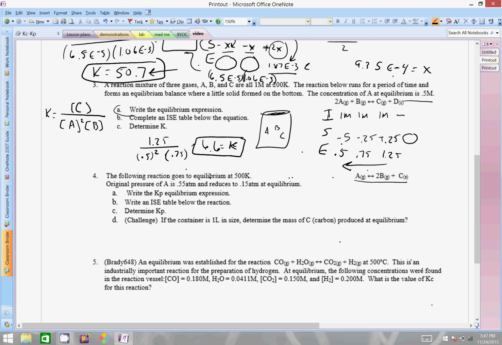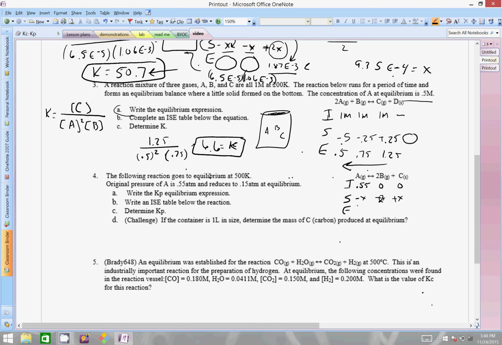Alright, and they're giving us information: initial, stoic ratio, end. We're using pressures here. So in this case, the original pressure of A is 0.55. It doesn't say anything about B, of course. B and C are products, so there's nothing of this and nothing of this. I will lose X of this, gain X of this, gain 2X of that, and gain X of this.